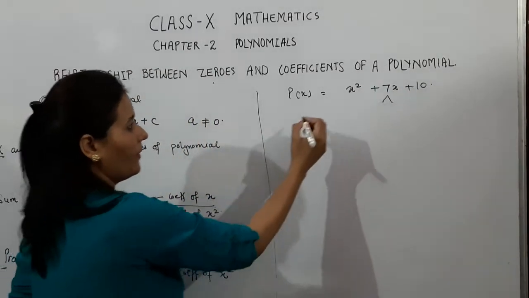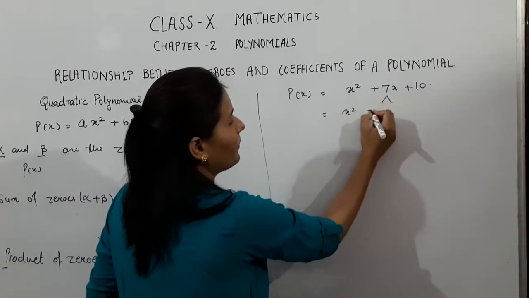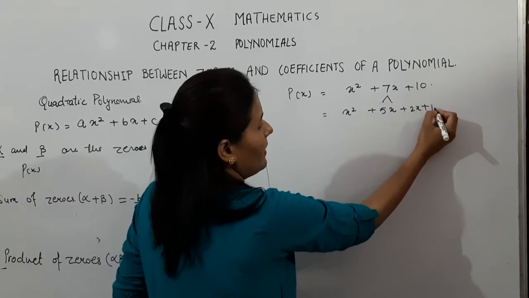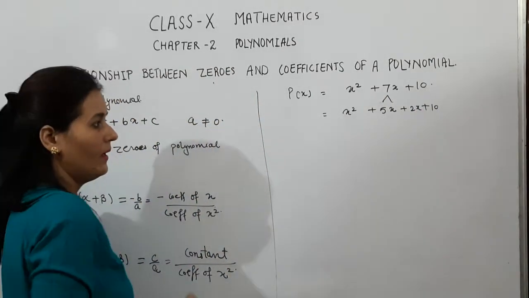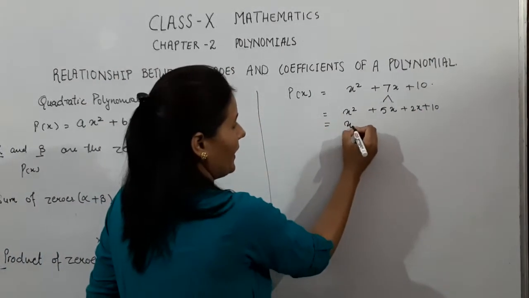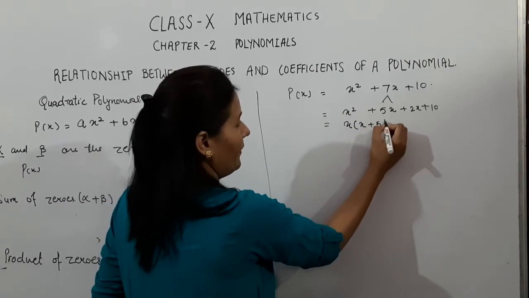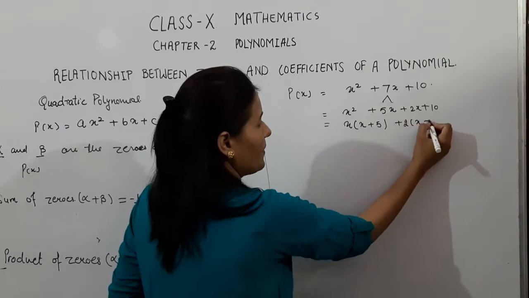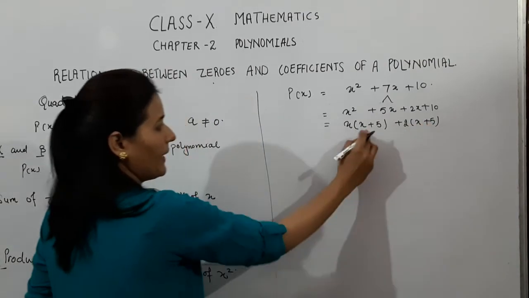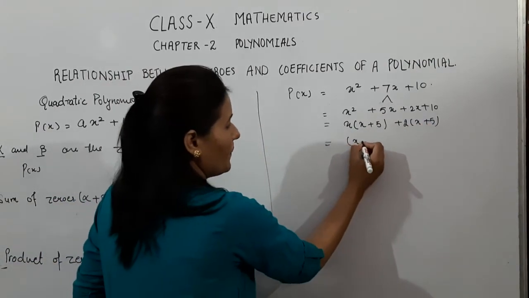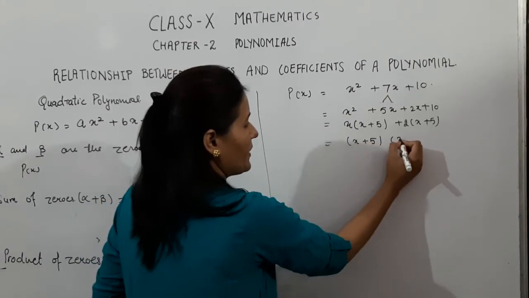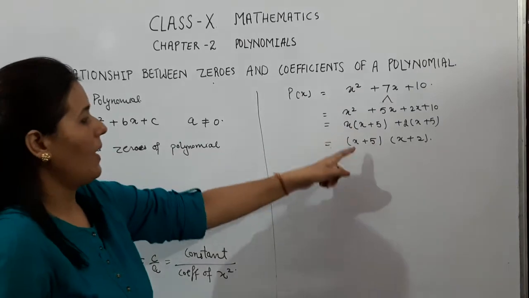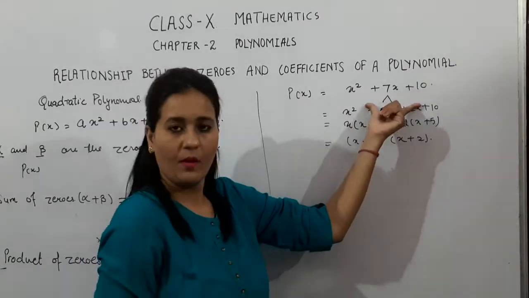So what will be the factors? x² + 5x + 2x + 10. Here it will be x(x + 5), and 2 is common from these two, 2(x + 5). Now this bracket is common: (x + 5)(x + 2). So this way you have split this quadratic.